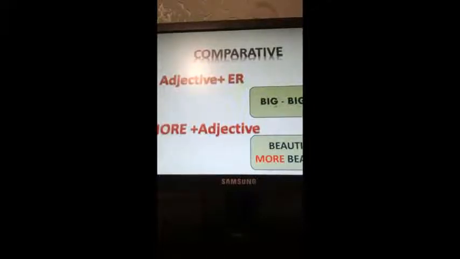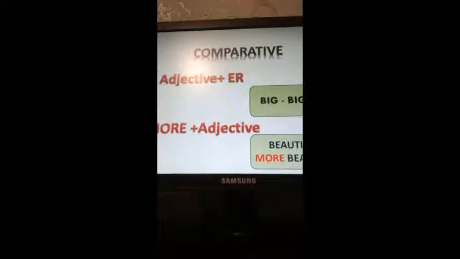Yes, small, smaller. Good job. And if we have an adjective which has two or more syllables, we put the word more before the adjective. For example, beautiful, more beautiful.